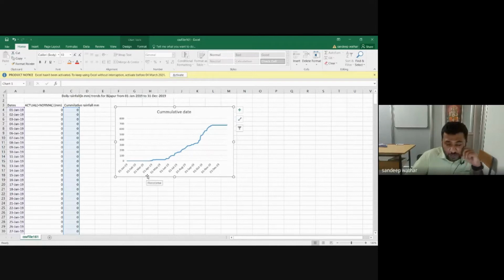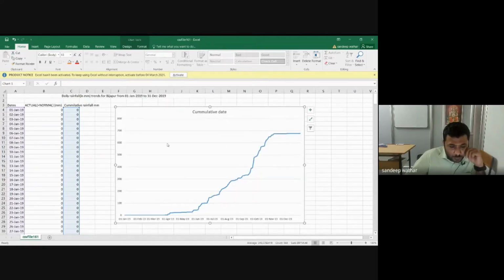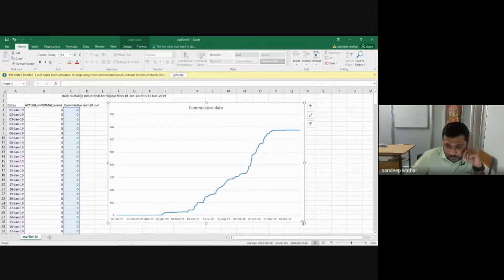Now see, this is the graph I have achieved, with cumulative values on the y-axis and date on the x-axis.